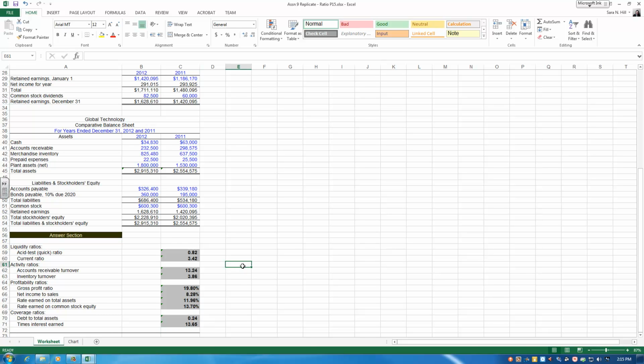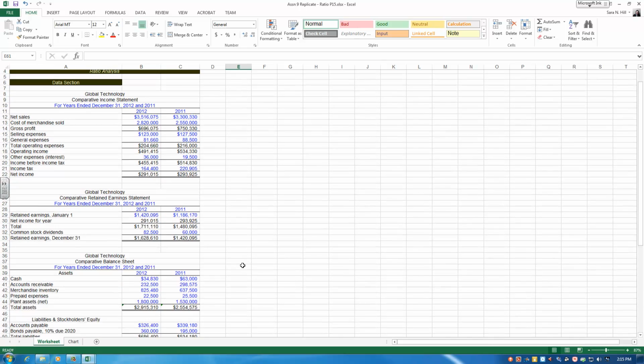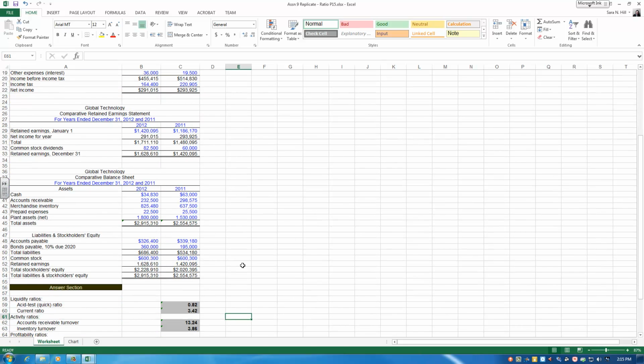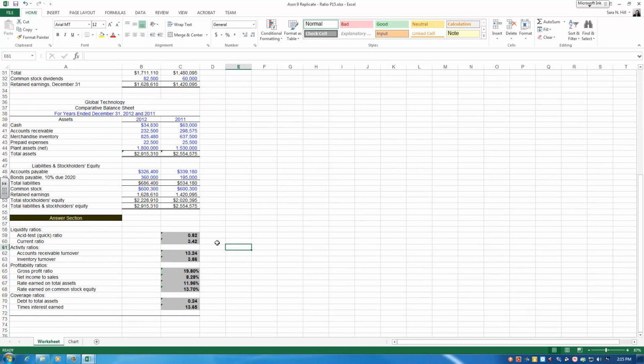So hopefully this is a spreadsheet that you keep for yourself for the future, especially if you plan on working for a publicly traded company or a very competitive type company. Most management will be tracking these ratios, and investors and shareholders are very interested in these ratios.